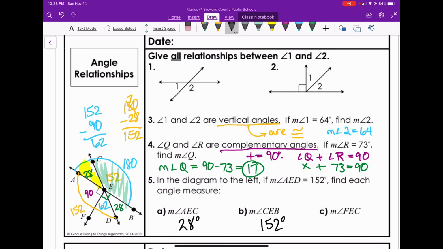And then they're asking us about FEC. That's all of this. So FEC is 28 plus 90, which is 118.